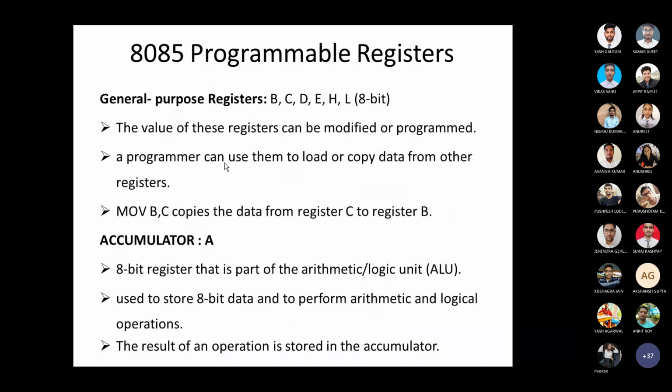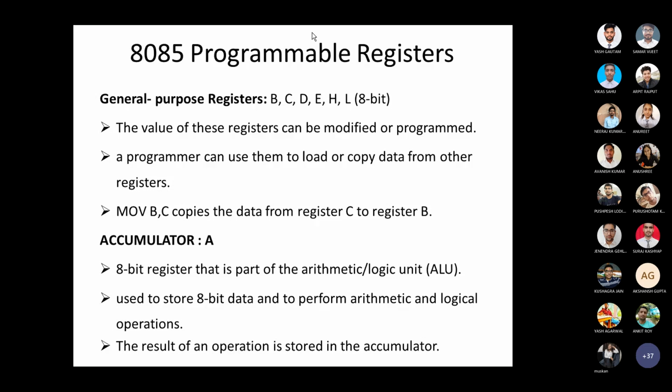Now here we were discussing the programmable registers. Registers are used for storing the 8-bit data. As we have seen, the first operation is storing the 8-bit data. So how do we deal with this?